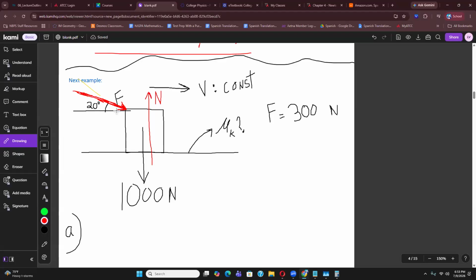Think, when do you need to exert more force? At an angle or when it's horizontal? You're pushing, not pulling, by the way. It's different.